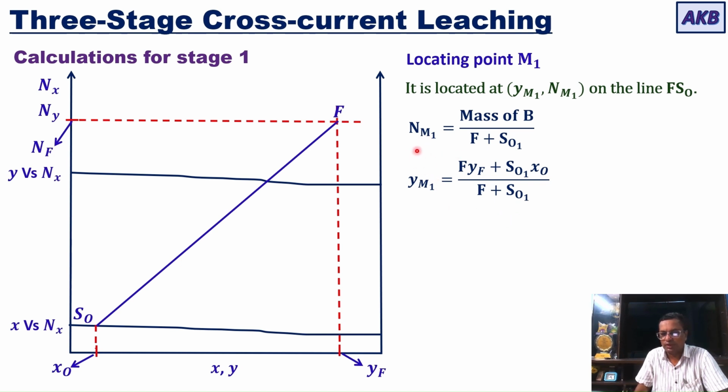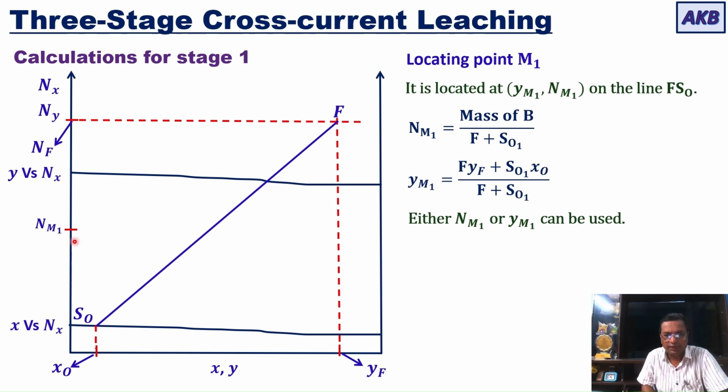You can use one value out of these two. You can use either NM1 or YM1 to locate the point M1. So let us use NM1 to locate point M1. What I will do is locate NM1 on the y-axis. So I have located NM1.